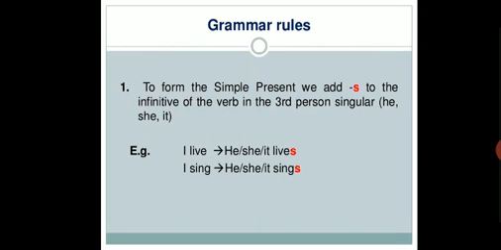In present tense, with third person singular like he, she, it, we add s, es or ies to the base form of the verb. To regular verbs we just add an s.